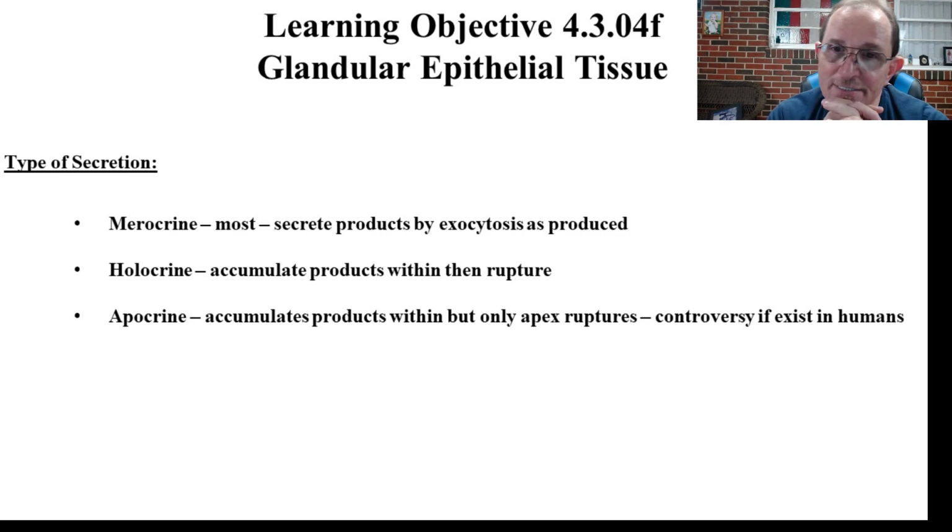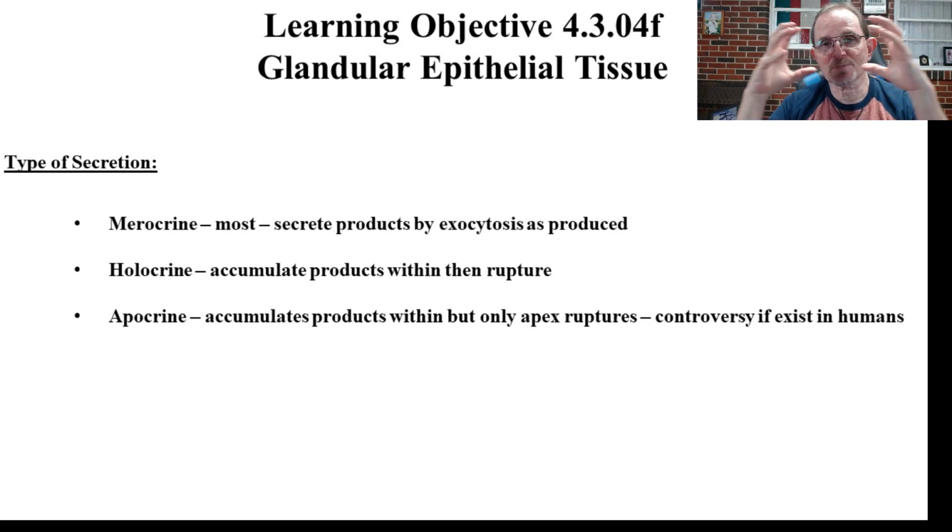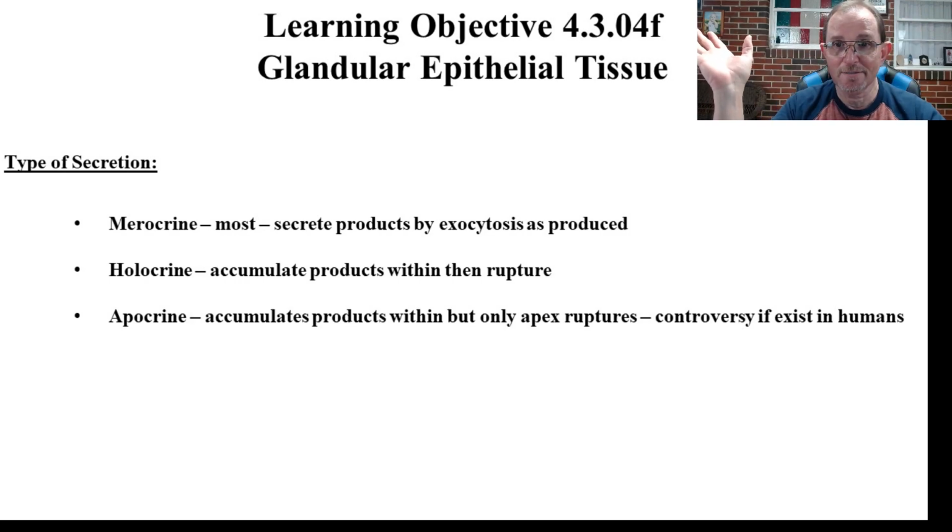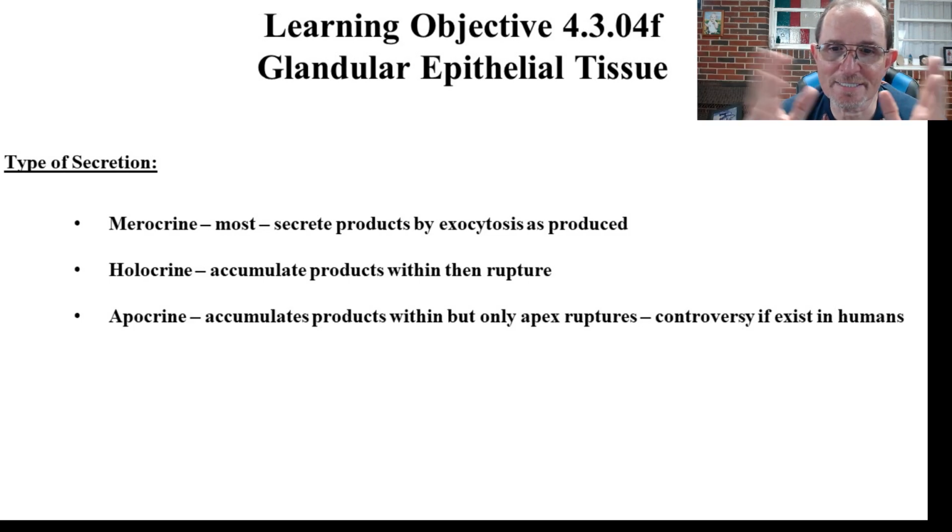A holocrine gland, like the oil glands in our skin, basically the cell makes all this product and it just keeps making it until the cell pops. The cell ruptures and it goes out. Apocrine, these guys are going to accumulate products, but only the very end of the cell ruptures. There's controversy over whether it exists in humans.